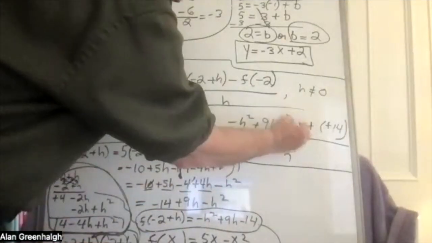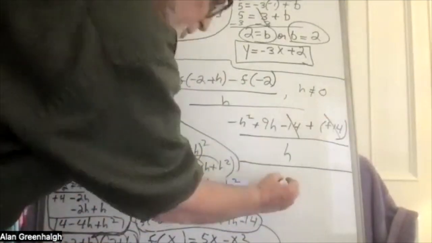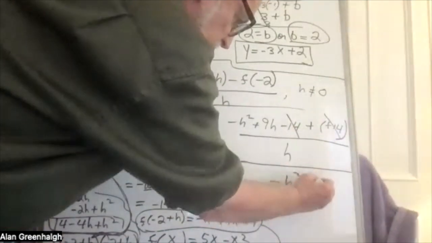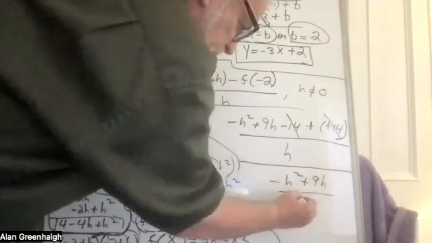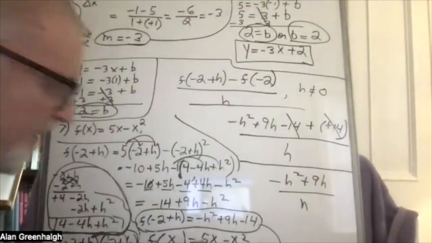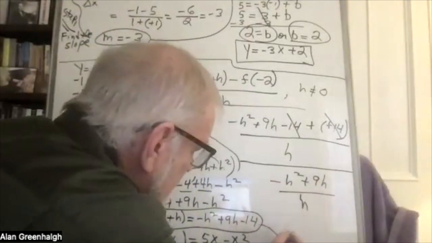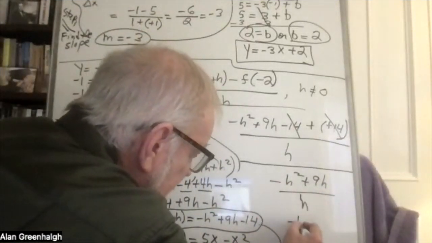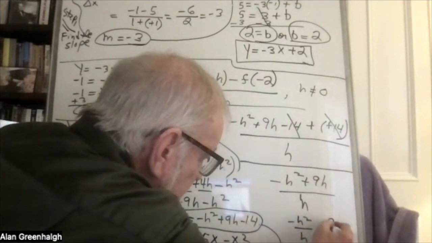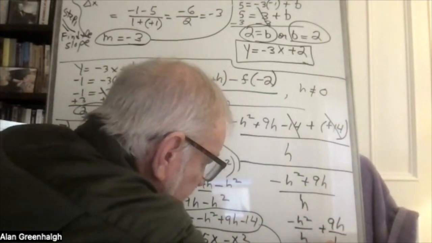So this cancels out with that, and you're left with -h squared plus 9h divided by h. We're getting there. One more step. So this is -h squared over h plus 9h over h.